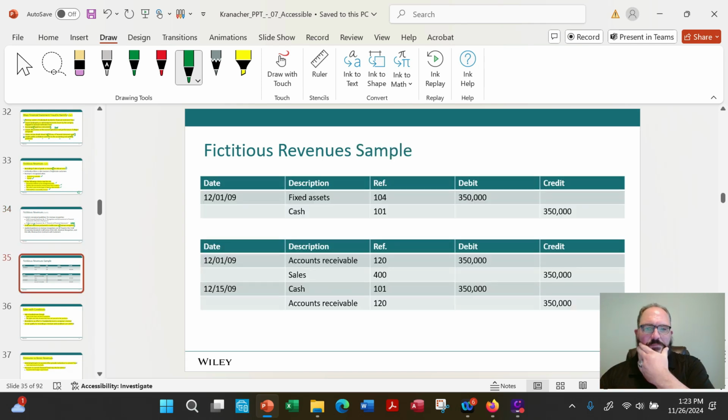So they're given a fictitious revenues example. Notice here, account receivable 350, credit 350, and then cash 350, 350. And then notice over here, fixed assets, debit, and cash. So I think what they're doing is basically showing where they're manipulating the numbers here.